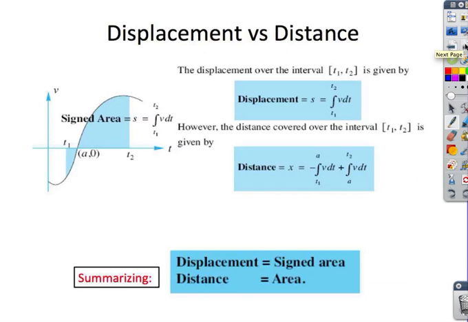and this slide also does a very nice job of showing what we're doing, and it makes the connection between area under the curve and the signed area, if you want. All right. So the first one is the displacement. Now displacement's very easy. You can just do the definite integral over the entire interval. You don't have to worry about regions above or below the x-axis.